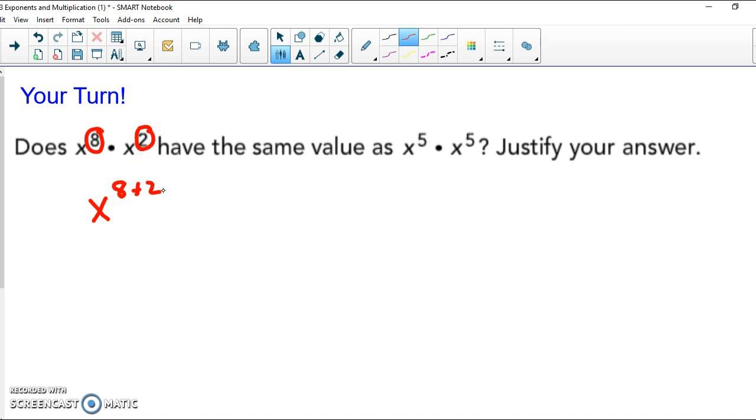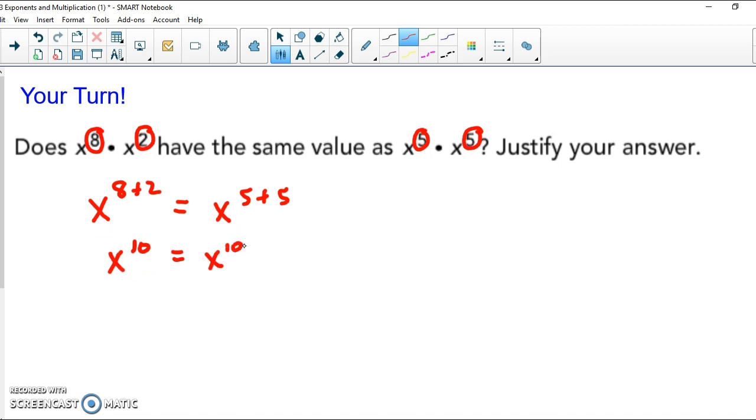We want to know if this has the same value as x to the 5th times x to the 5th. Again, my factors have the same base, which is x, so I can add the powers, which is 5 plus 5. And now as I simplify, 8 plus 2 is 10, and 5 plus 5 is 10.